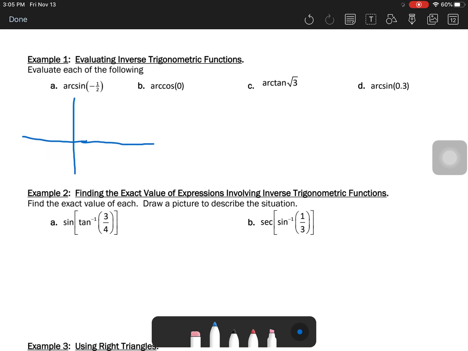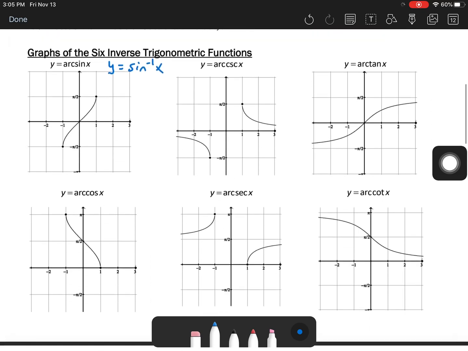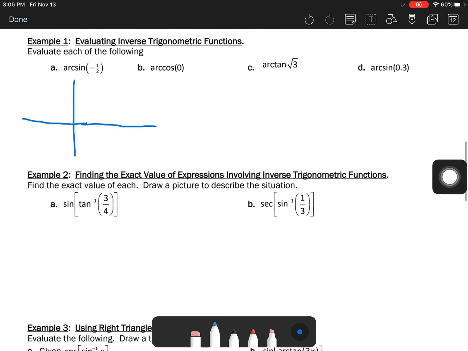So if I was looking for arc sine of -1/2, well, if we go back and look at this graph up here of arc sine, remember our values for our angles are going to be limited from -pi over 2 to +pi over 2. Okay, and we know that the input values that we can put into our inverse sine are from -1 to +1, right? So the input of -1/2, that's okay, because that's between -1 and +1.